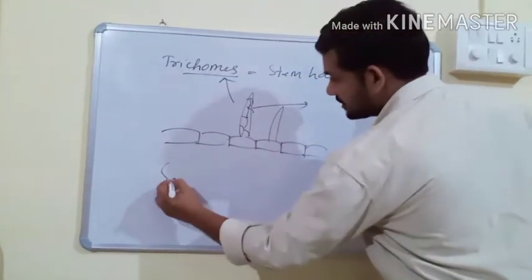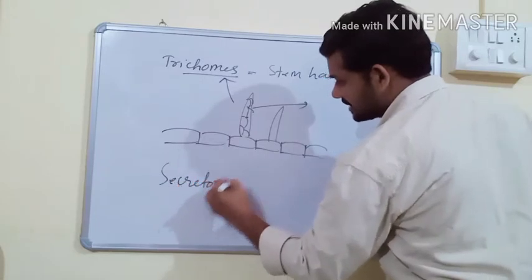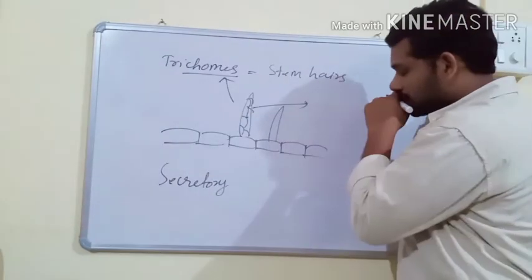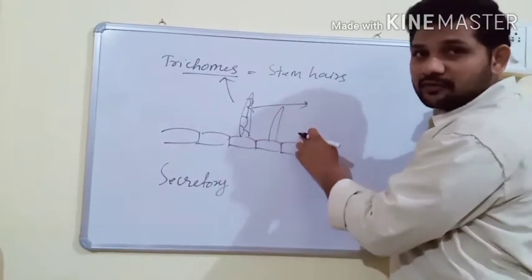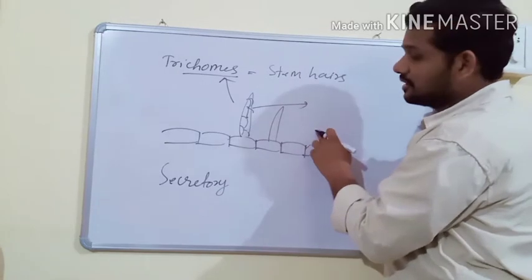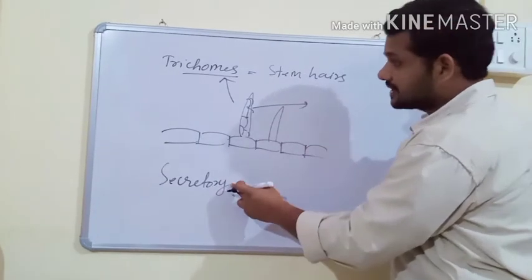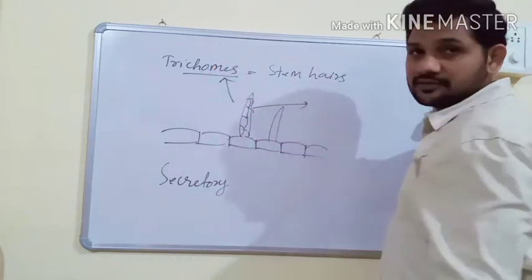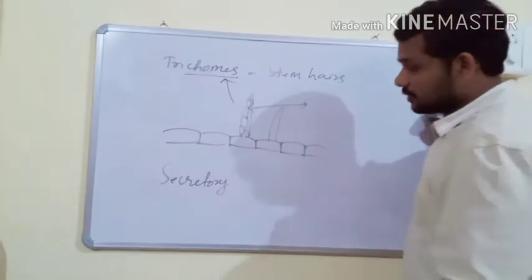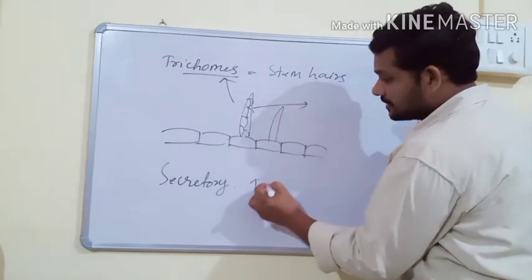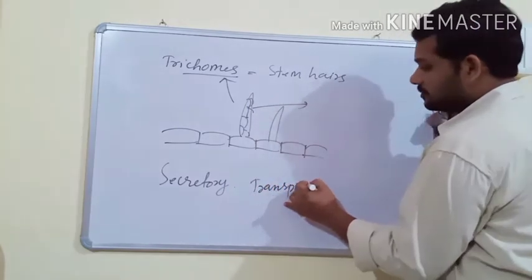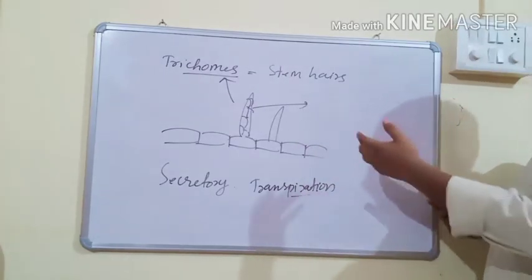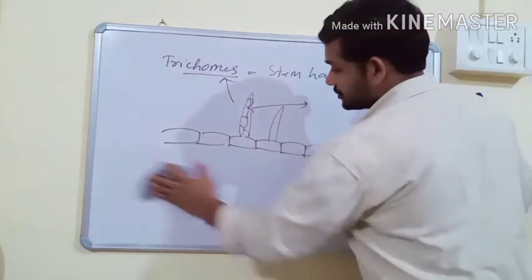Sometimes trichomes may be secretory, helping in secretion of various chemicals. Trichomes also reduce the rate of transpiration. So these are the various tissues of the epidermal tissue system.